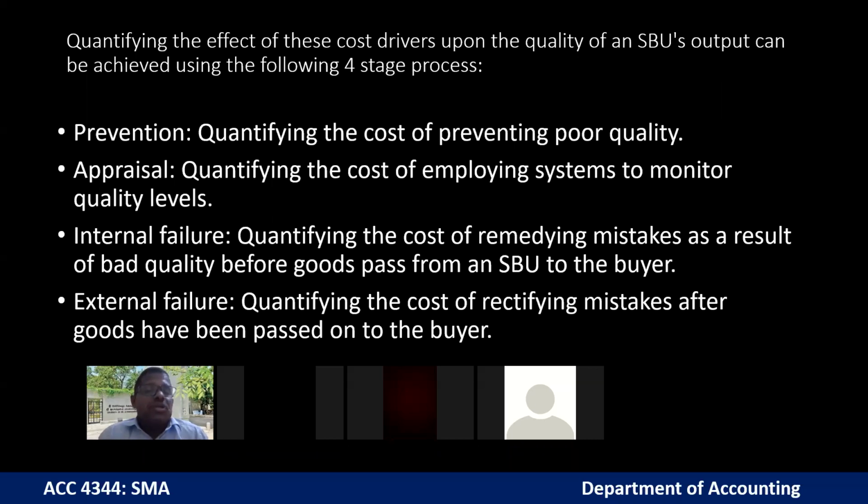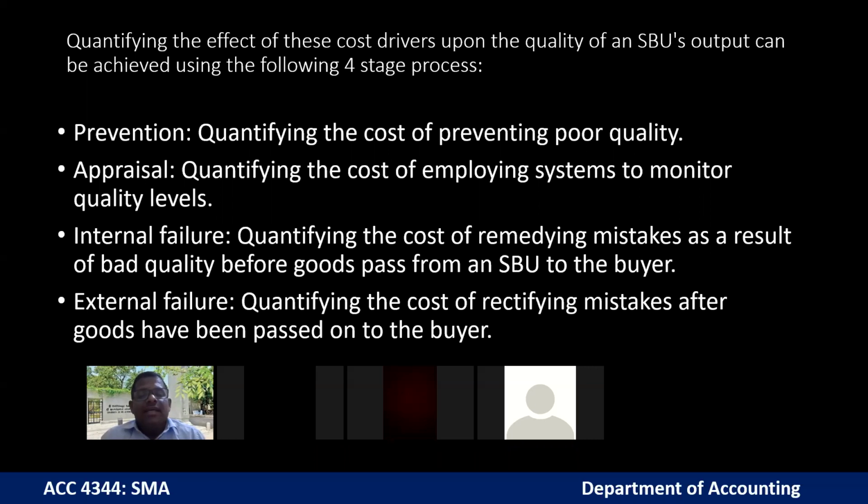One is prevention. Second one is appraisal. Third one is internal failure. Fourth one is external failure. Prevention means quantifying the cost of preventing poor quality. Appraisal: quantifying the cost of employing systems to monitor quality level.